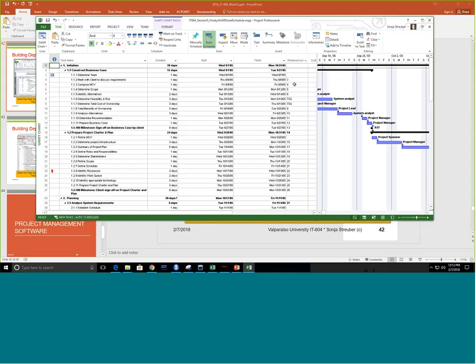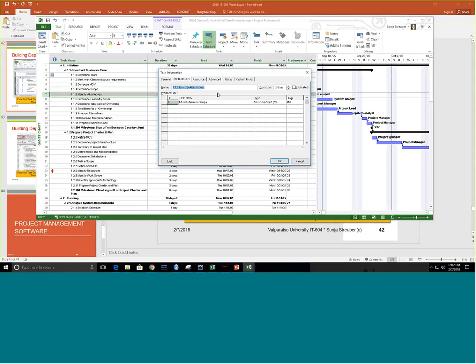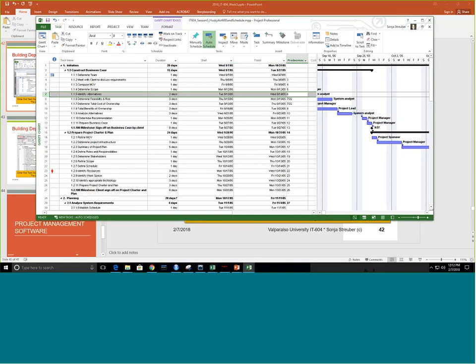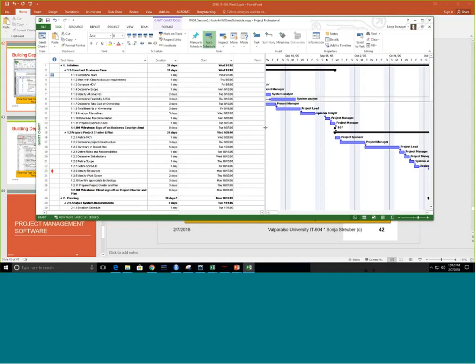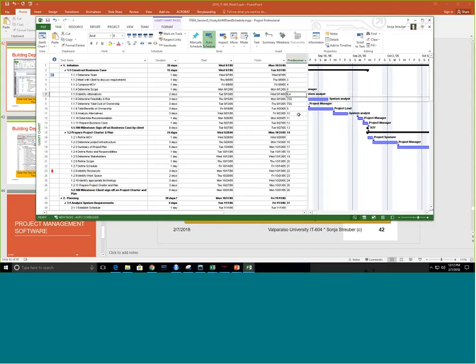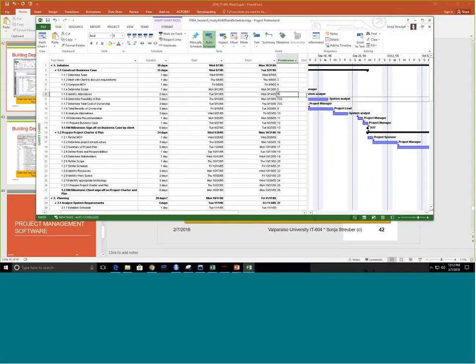So I can here for the identify alternatives, I can do a 6,4, and then that will have built for me a connection between those two tasks as well. And I'm just going to use the 6 here.